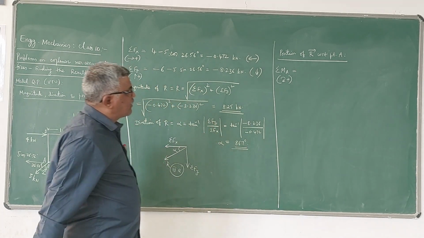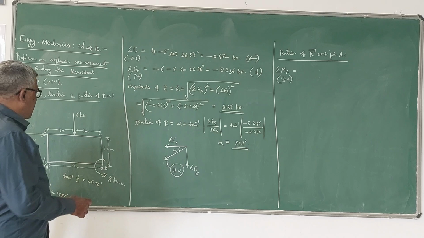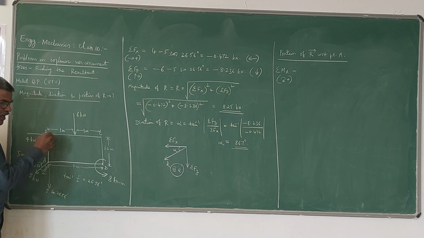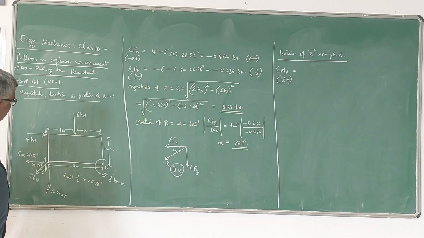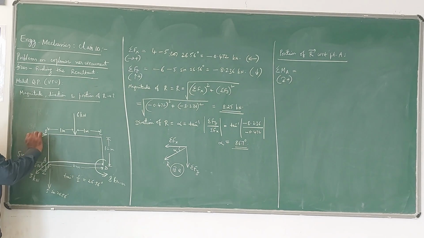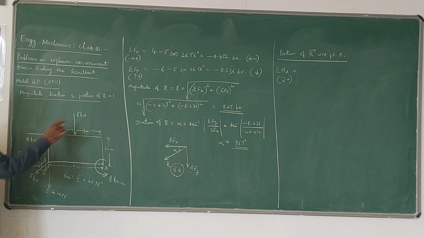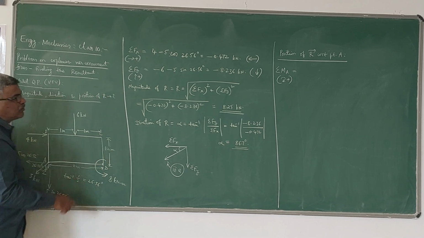For that we have to calculate the algebraic sum of the moments of all the forces about the point A. Now if you take one by one, this 5 kN force is passing through A, therefore this doesn't have any moment. This 4 kN force is producing a clockwise moment about the point A. So clockwise I am taking positive. So 4 into distance, 1.2 meter.